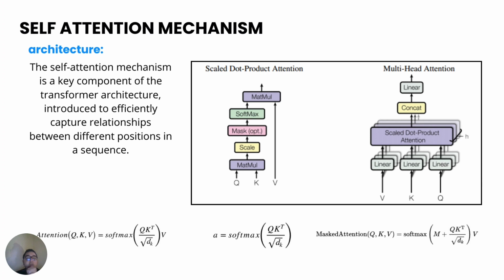For each token xi, the self-attention mechanism creates these three vectors. The qi represents the token's query vector, the ki represents the token's key vector, and the vi represents the token's value vector.